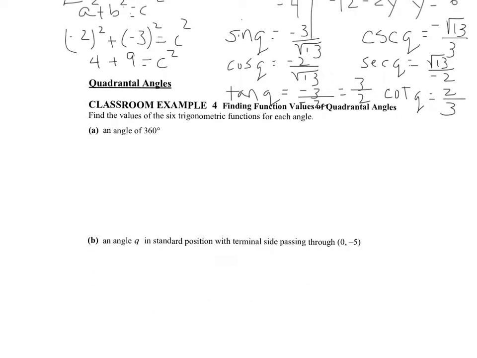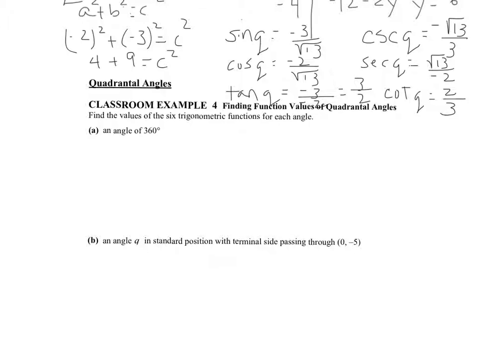All right, good. Now, we're going to find the 6 trig functions for what are called quadrantal angles. We have a lot of names that sort of sound made up sometimes in trig, but guess what quadrantal indicates? They're actually going to be on the axis, okay?